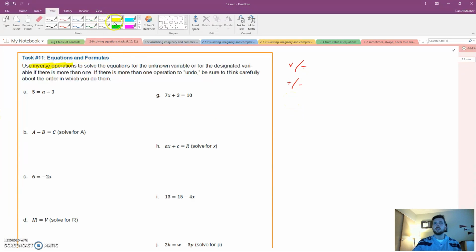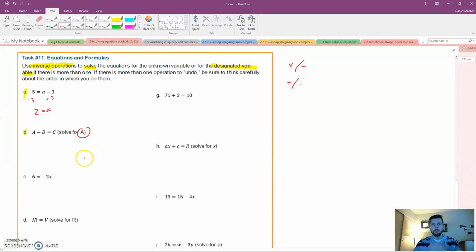Use inverse operations to solve for the designated variable. If there's more than one operation, think carefully about which one you can do. You'll notice that for the first ones, the problems are very similar. So for A, you just add 3, and you got A equals 2.